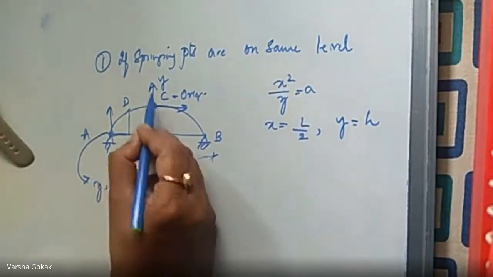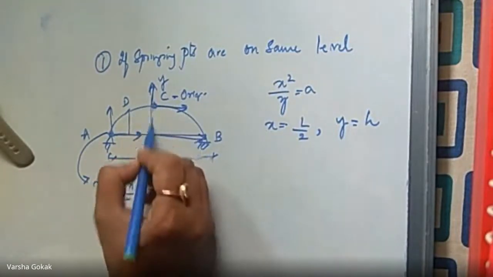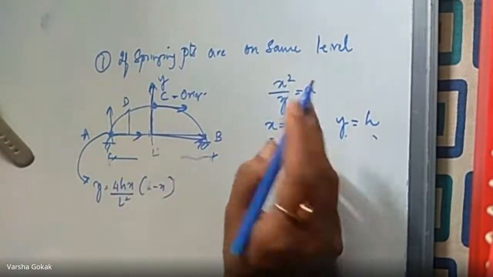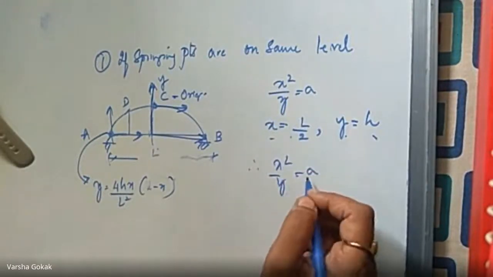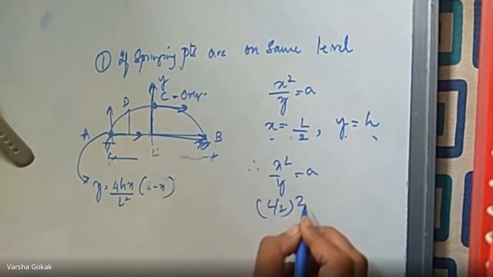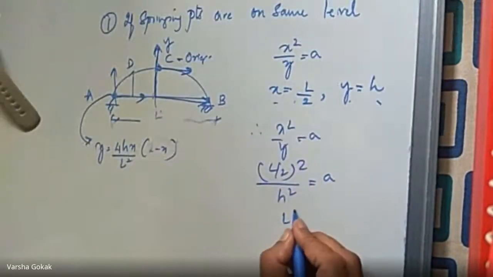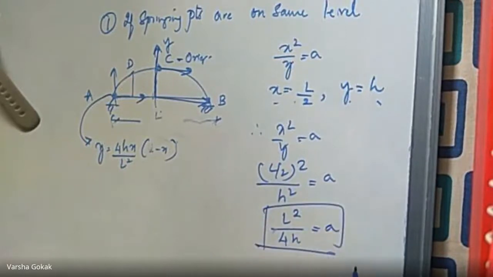But now when I change the origin point to this, my x value becomes L by 2, y value becomes h. And these two values I will put over here. Simple. So therefore, x square by y equal to a is going to become L by 2 the whole square divided by h equal to a. That is nothing but L square by 4h equal to a. So a, that is your constant value, is L square by 4h now.